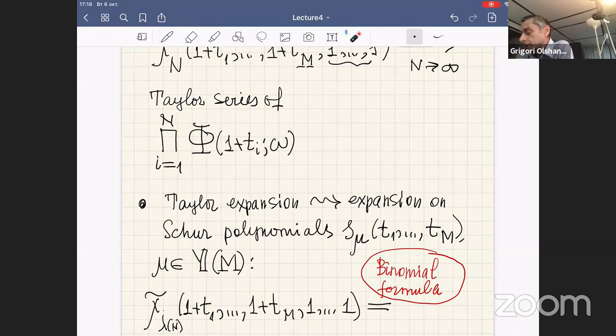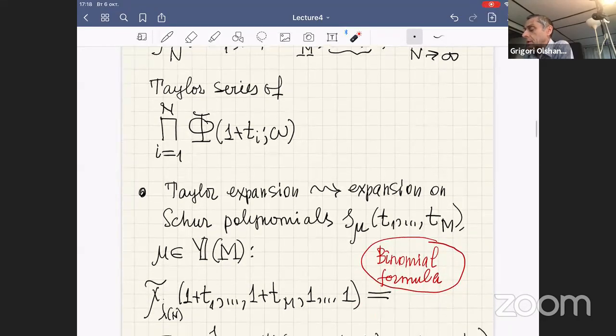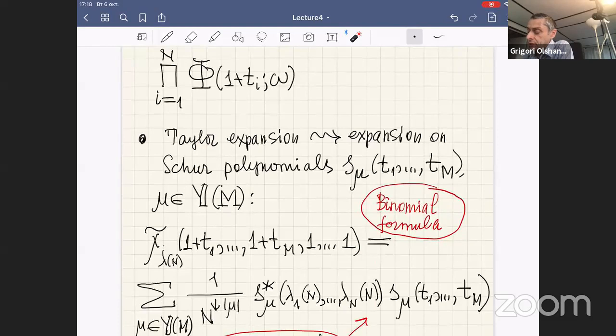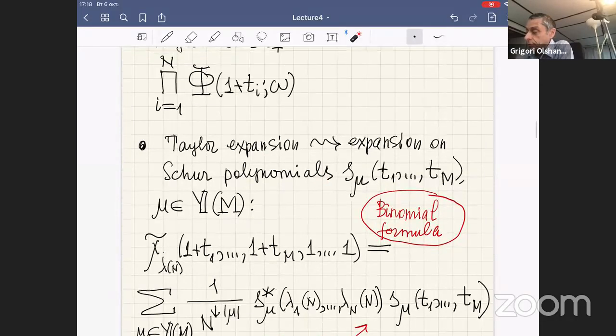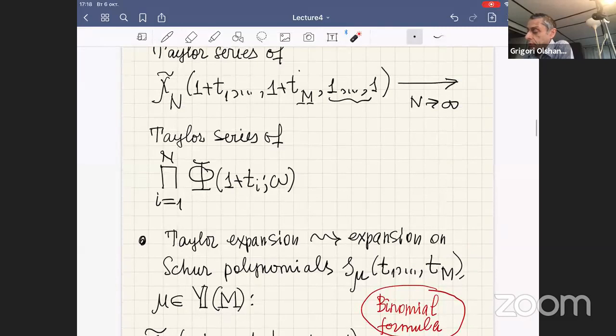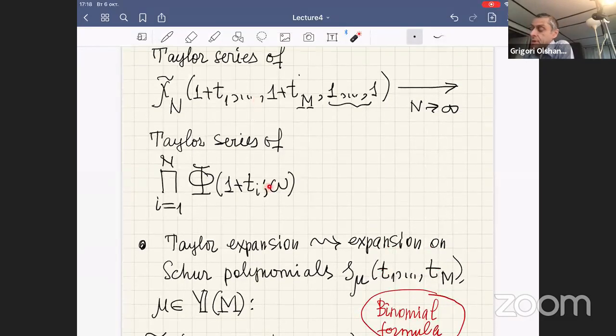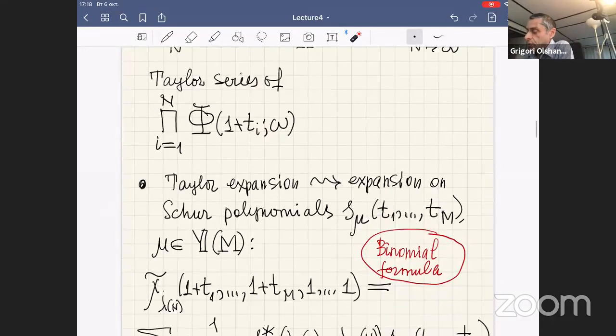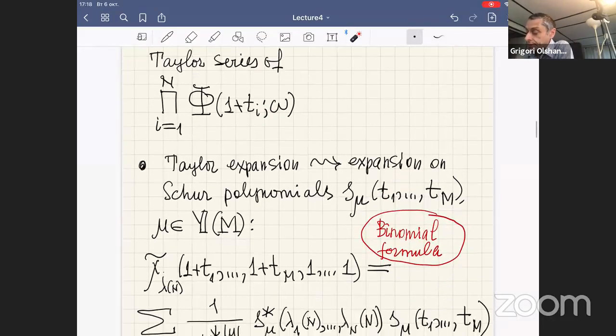Next, as I tried to explain before, the next step is to replace the Taylor series by a series in the Schur polynomials. And this is reasonable because what we have on the left and on the right are symmetric expressions with respect to these variables. So we can re-expand this Taylor series as some series in Schur polynomials.